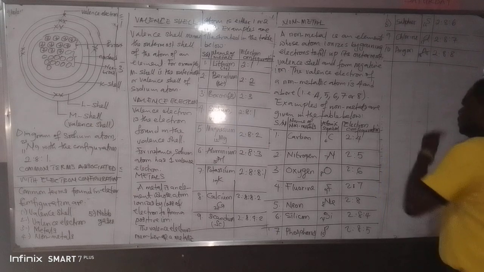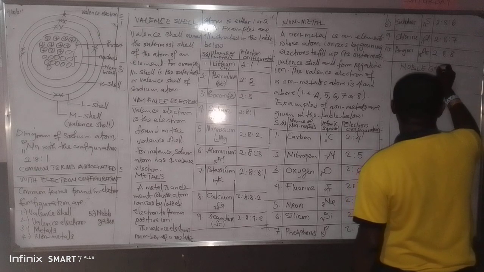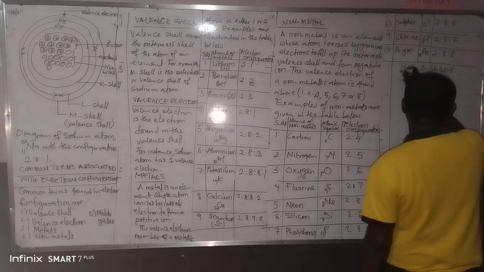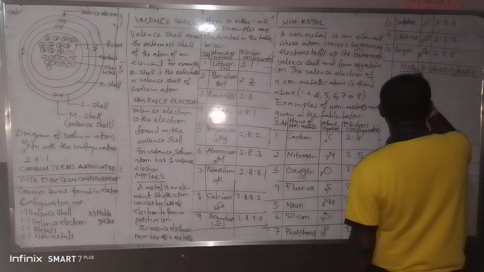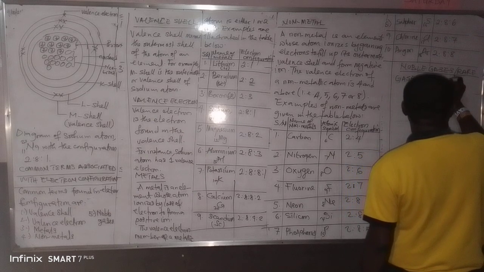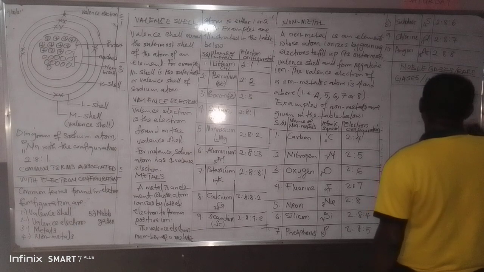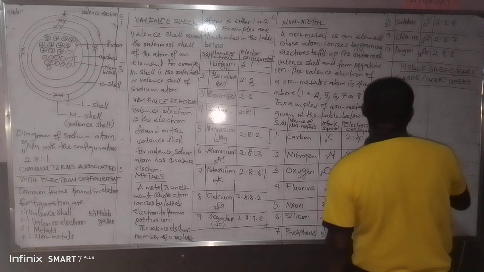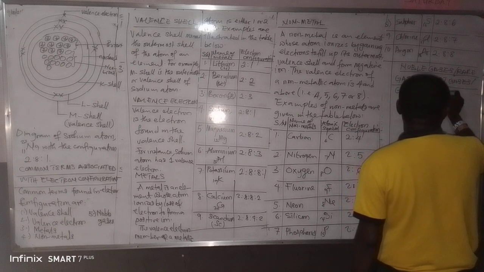Then the next one is noble gases, or rare gases, or inert gases, or group 0 elements.